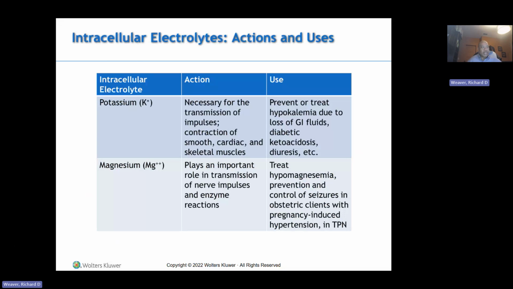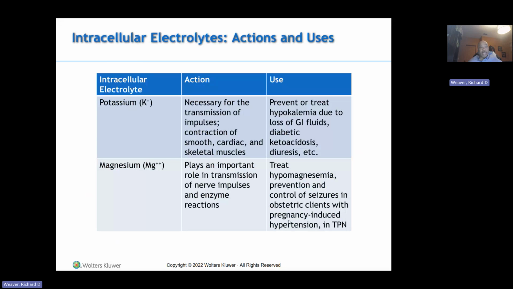We also use it in the prevention and control of seizures, and especially obstetric clients with pregnancy-induced hypertension or eclampsia. So we give mag sulfate in order to minimize their risk of seizures. We also put this electrolyte, this ion, in a TPN as well.